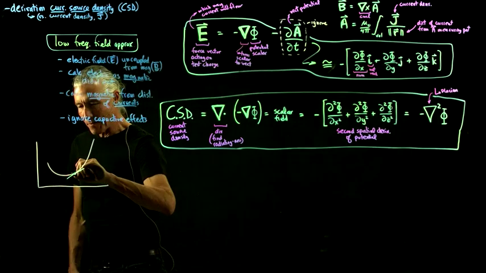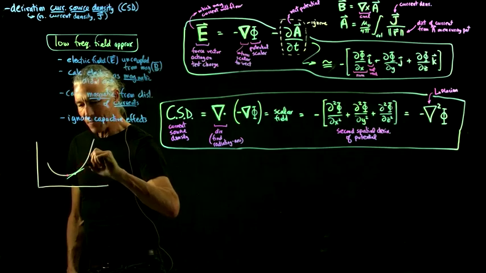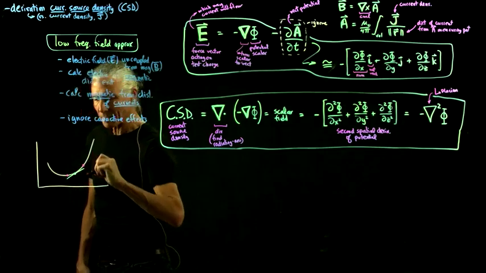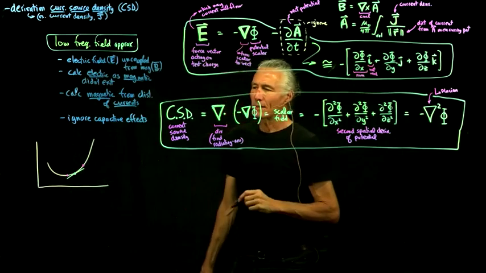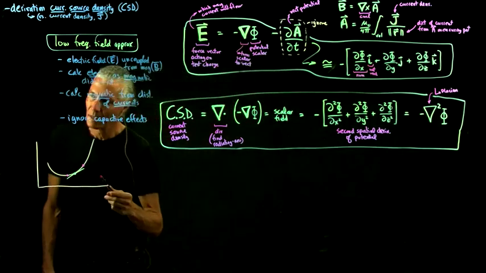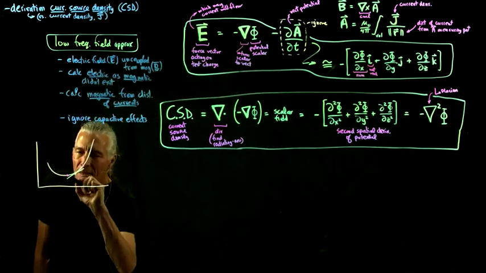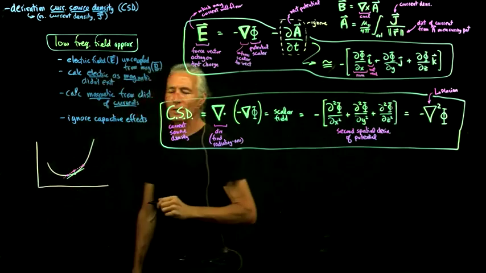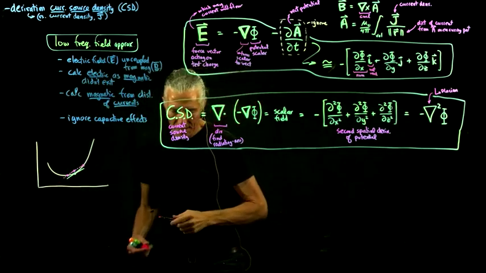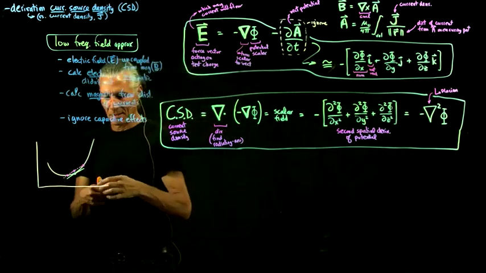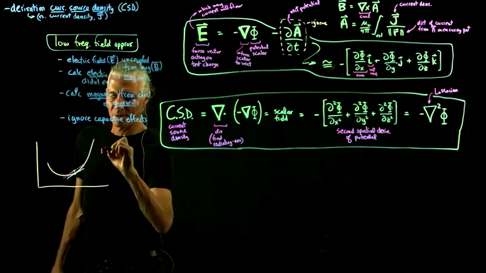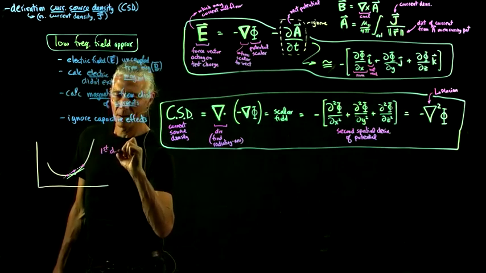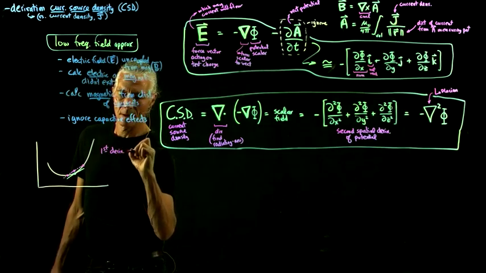A simple way of estimating that would be to go out a little distance on the curve and then take the average. So here's the average of two neighbors. So let's just write this out. So first derivative is just the slope.